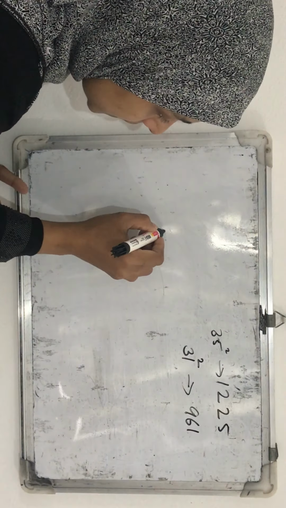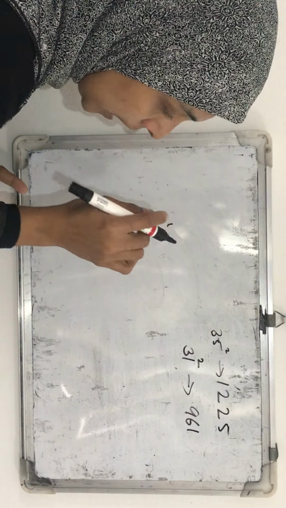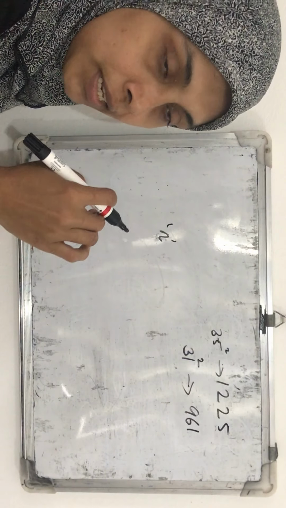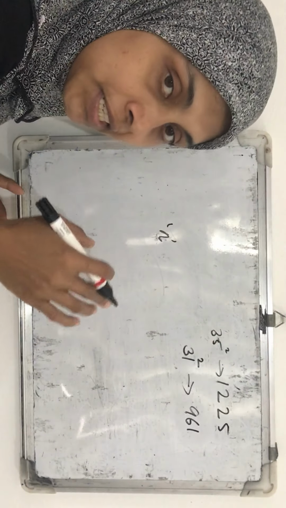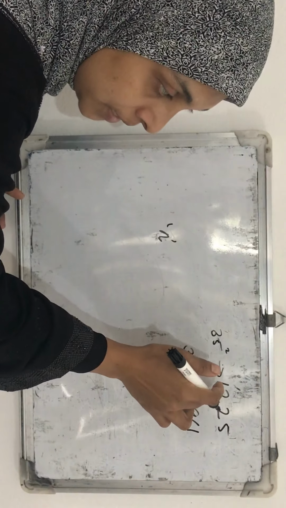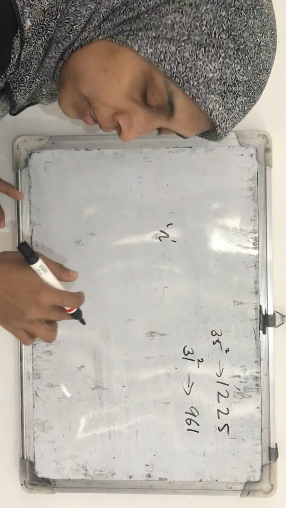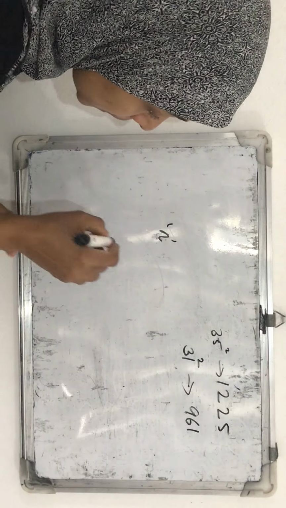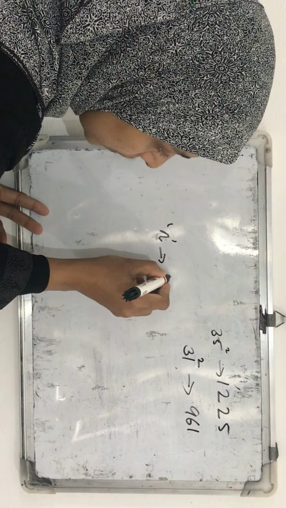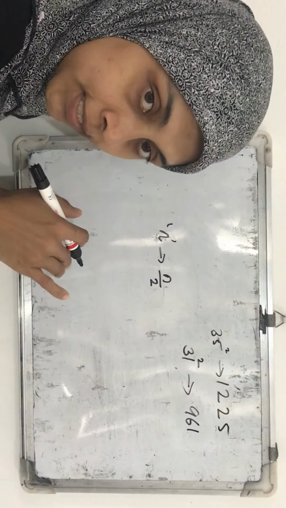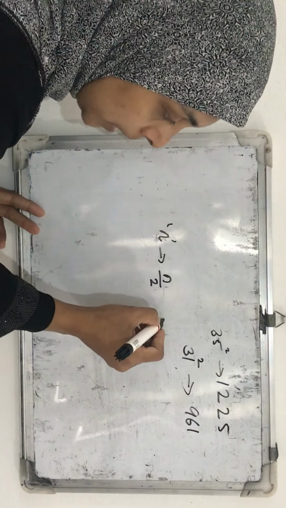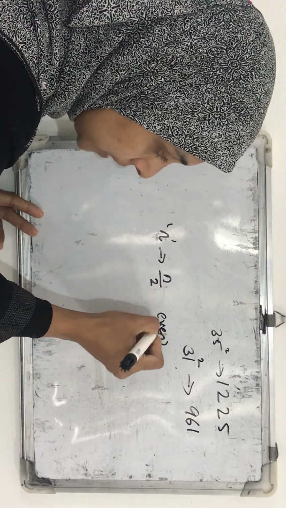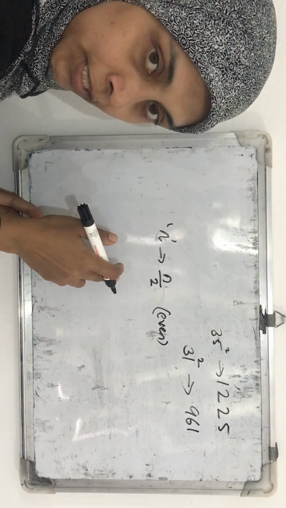If a square number is given with n digits, in this case instead of n we can take 4 digits. Then in its square root there will be n by 2 digits if n is even.